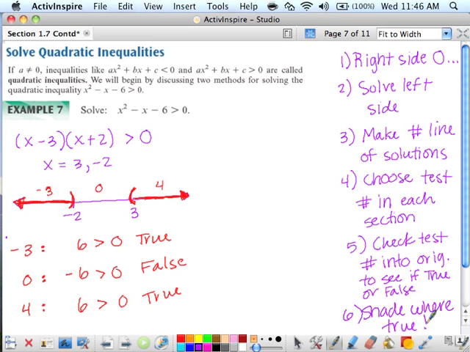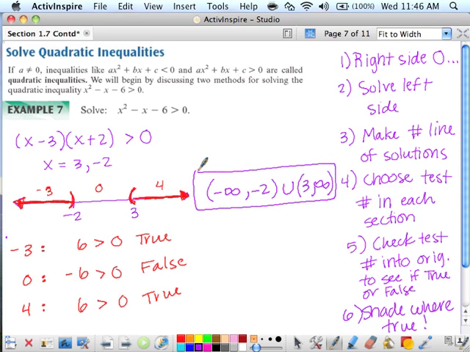In this case, my final answer is shaded from negative infinity up to negative 2. Then there's a break. Then I union it to 3, infinity. And that is the final solution set. That's the interval of answers that if I picked any number in that interval and plugged it into the original, it would make it greater than 0.